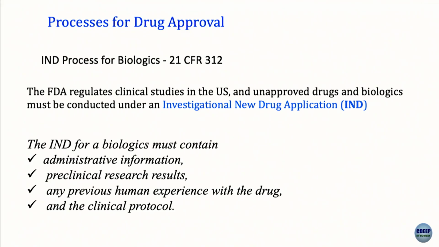So FDA regulates clinical study in USA, and unapproved drug and biologics must be conducted under investigational new drug. So they are not called new drug application, this is called investigational new drug. It must contain administrative information, preclinical result, previous human experience with the drug and clinical protocol.